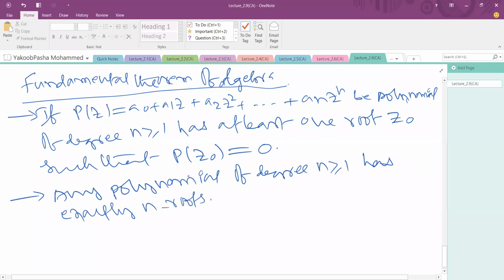Actually, the fundamental theorem of algebra says that if a polynomial of degree n has at least one zero, in general we can generalize that any polynomial of degree n has exactly n roots.